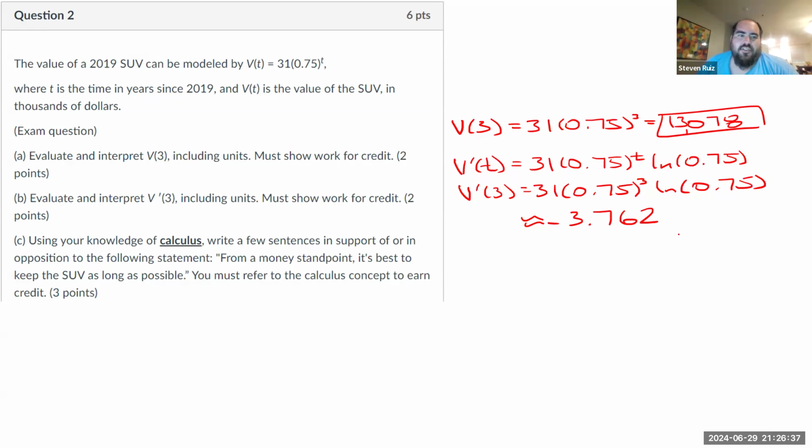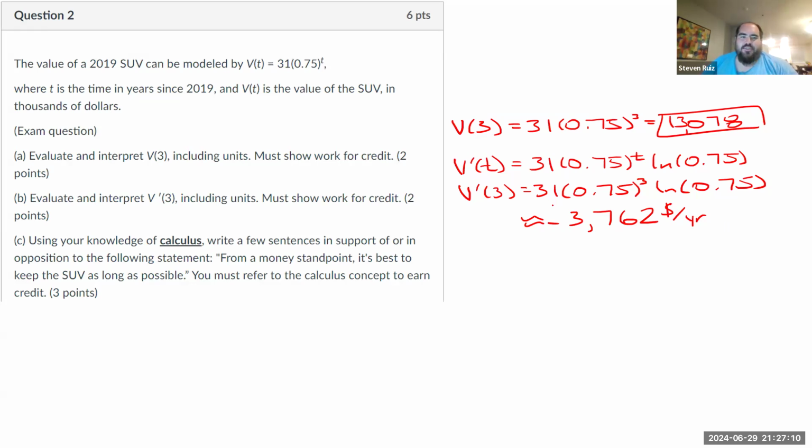So let's first assign units to it. What is V measured in? That's measured in thousands. Actually, I'll say this as dollars per year. And I'll change this from 3.762 to 3,762. So what does this mean? So the rate of change is negative $3,762 per year.